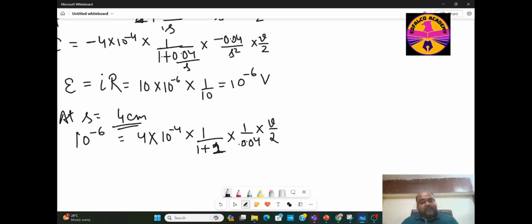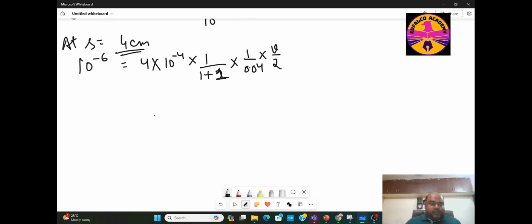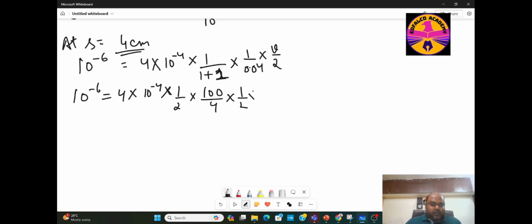Now with this I can get the value of V, which is being asked in the question. So let's solve this, and then our work is done. What we are getting: 10 to the power minus 6 is equal to 4 into 10 to the power minus 4 into 1 by 2 into, this is 100 by 4, and then this is 1 by 2, and then multiplied by V. So 2 cancels from this, right?